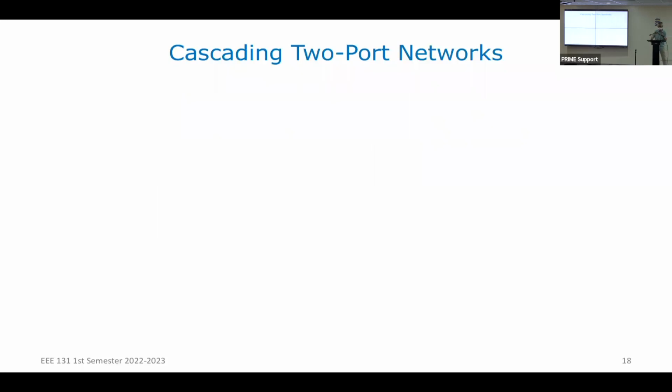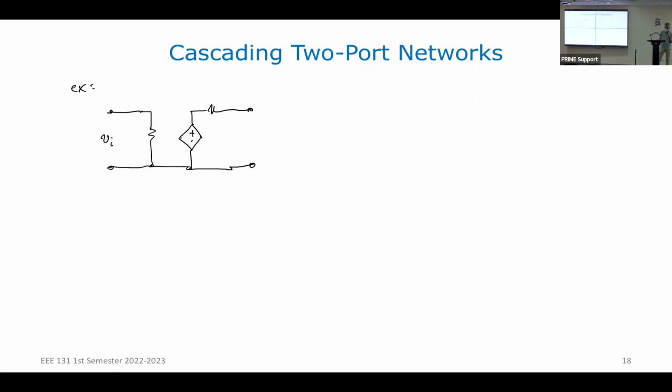Okay. What happens when we cascade two-port networks? Let me give you an example. For this particular case, let's use the Thevenin model. So let's say this is my first two-port network.